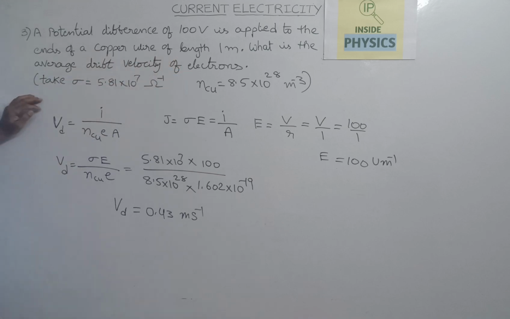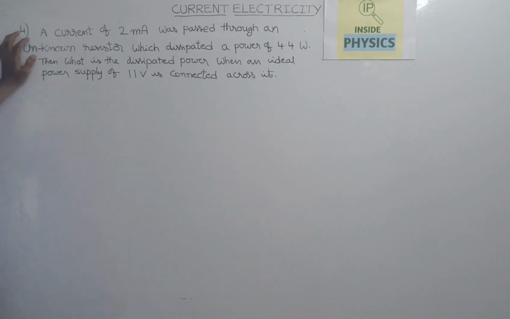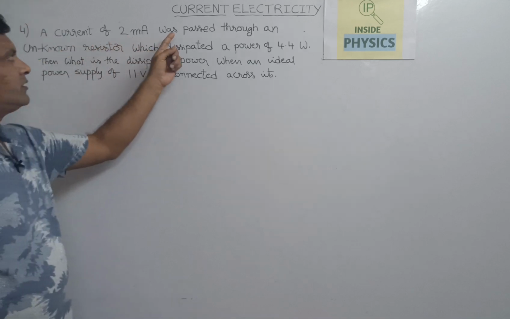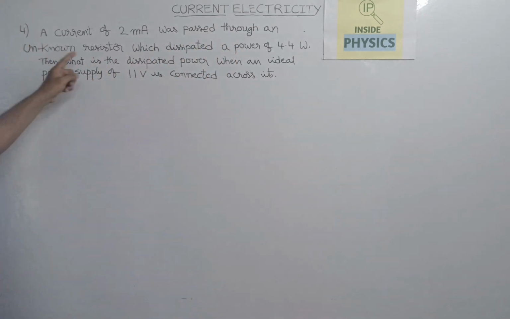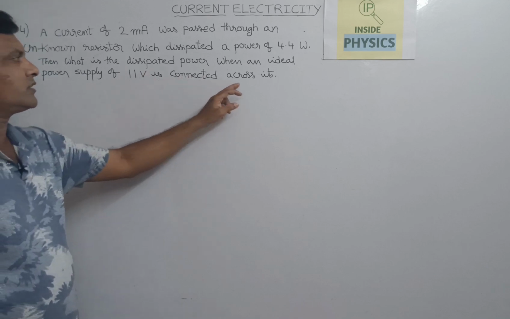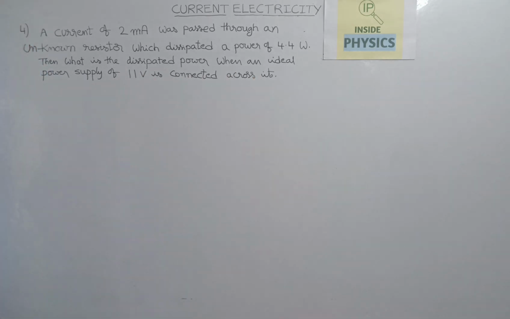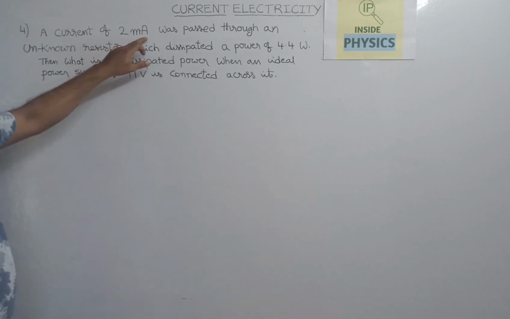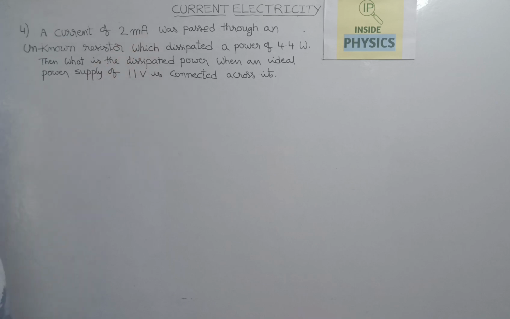Okay, then we'll move to the next problem. Fourth problem. A current of 2 milliamperes was passed through an unknown resistor which dissipated a power of 4.4 watts. Then, what is the dissipated power when an ideal power supply of 11 volts is connected across it? So here there is a case where 2 milliamperes of current passes through an unknown resistor.